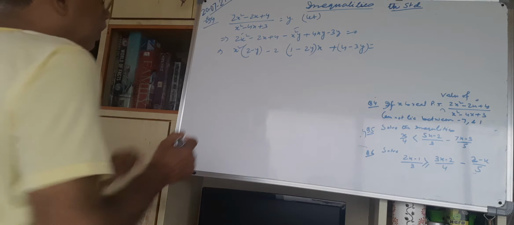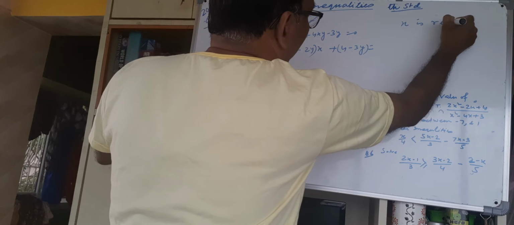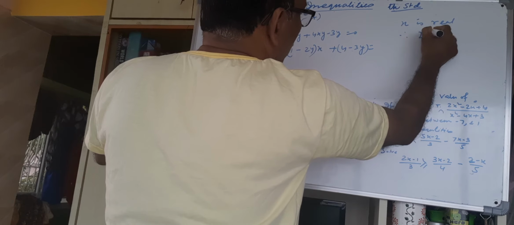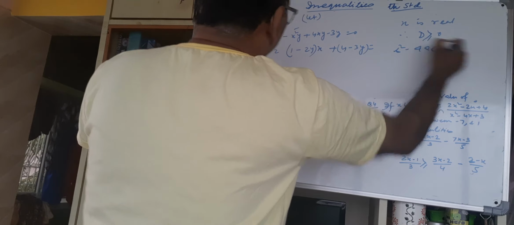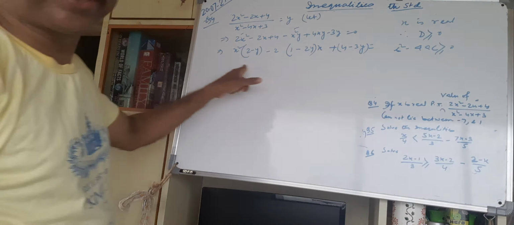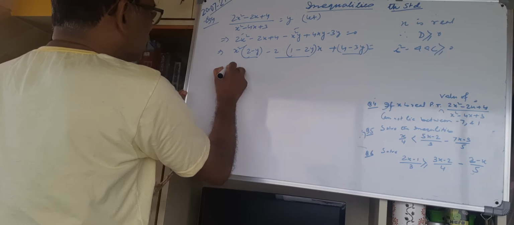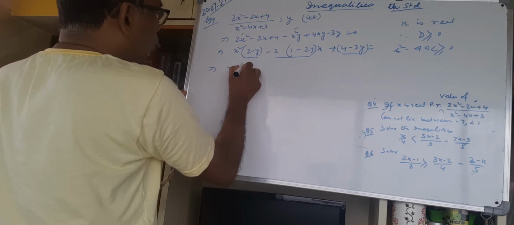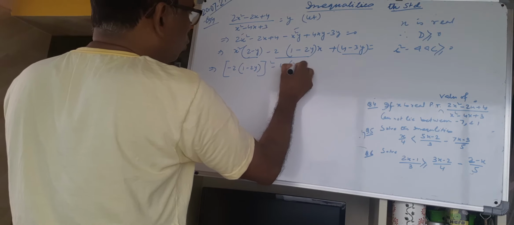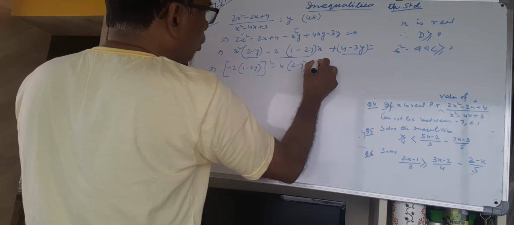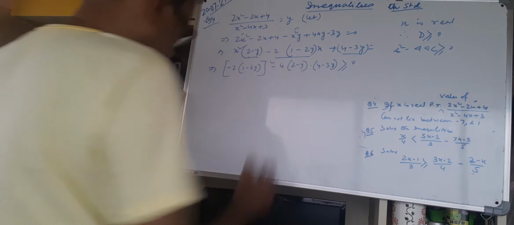Now as x is real, therefore discriminant should be greater than or equal to 0. Discriminant is b² - 4ac ≥ 0. This is a, this is b, and this is c, that is b² = (-2(1 - 2y))², minus 4(2 - y)(4 - 3y) ≥ 0.